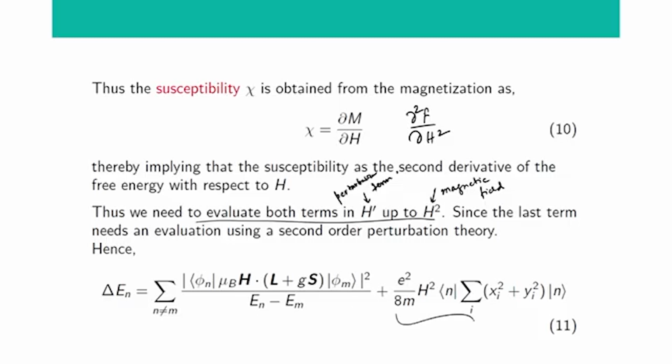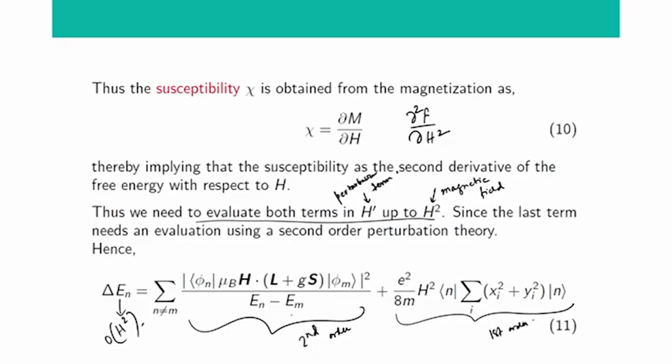However, you should note that here we have used first order perturbation theory. So, this is second order because we are interested in getting h square, and this is first order, and this is okay because we want delta E n up to second order in h square. Okay.